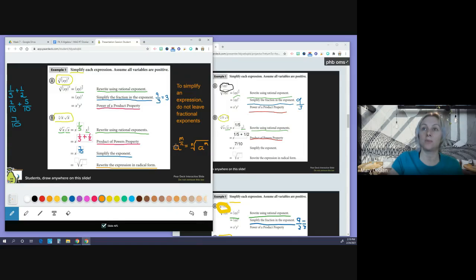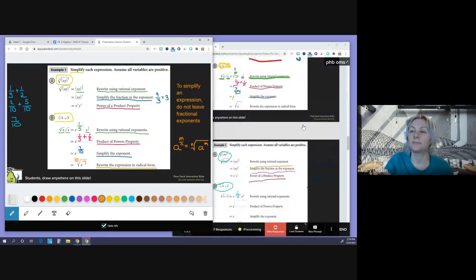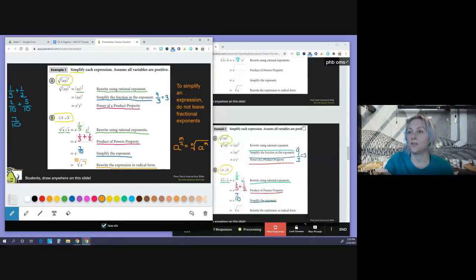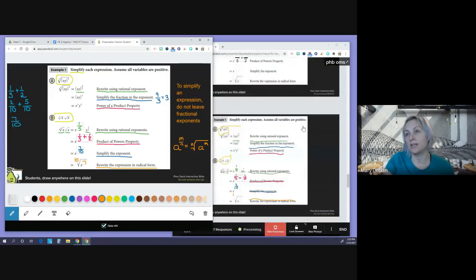Right, this is still coming up, and that's what we're going to do here for this last step. x is the base, x is the radicand. 10 is the denominator, it becomes the index. 7 is the numerator, it becomes the exponent. All right. I'll give you a minute to catch up on that one, and then we're going to go to the next slide.